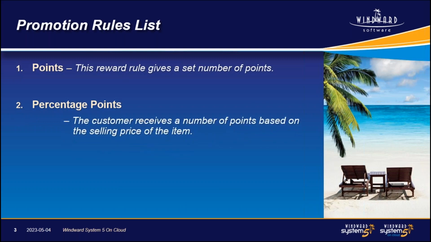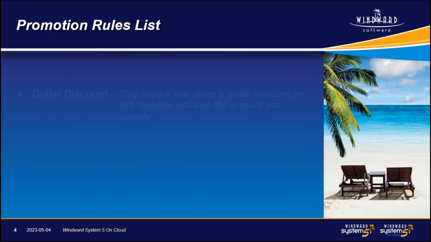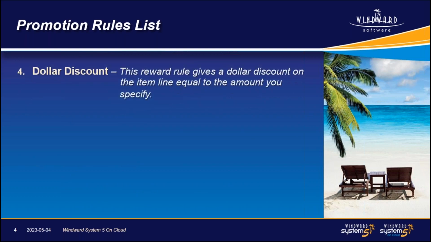With this reward rule, the customer receives a number of points based on the selling price of the item. Percentage discount. This reward rule gives a percentage discount for an item. And next we have dollar discount. This reward rule gives a dollar discount on the item line equal to the amount you specify.